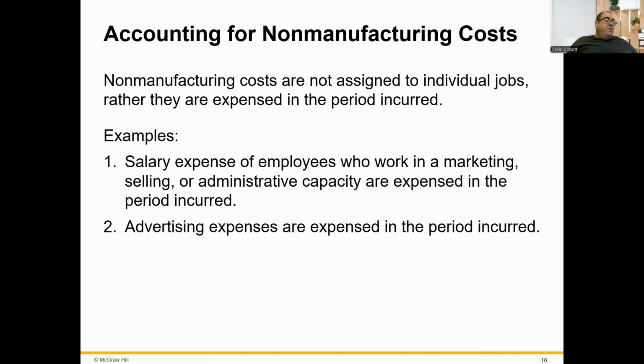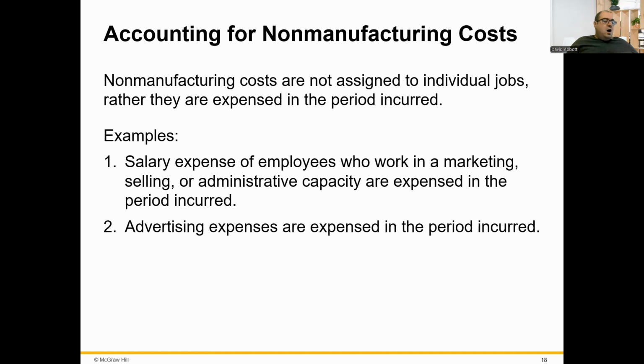So again, we have some costs that are product costs that go directly into the product, and then we have period costs that are not related to the actual manufacture of products, but yet they are incurred in the period. And so companies that use job order cost systems to assign manufacturing cost of products also incur non-manufacturing costs.